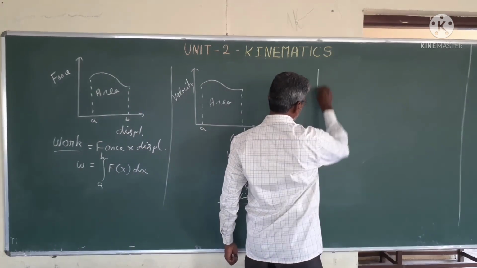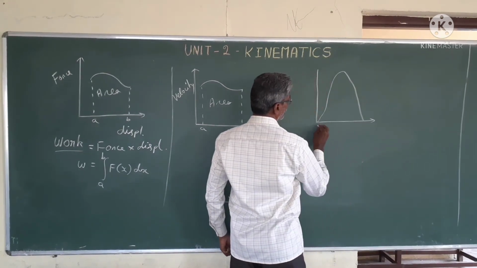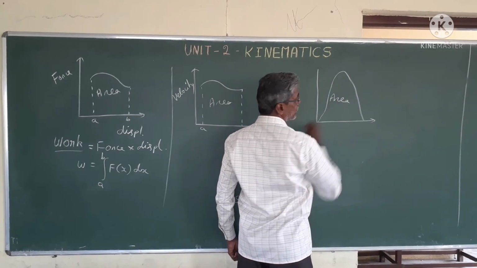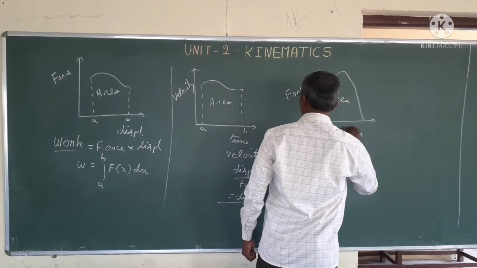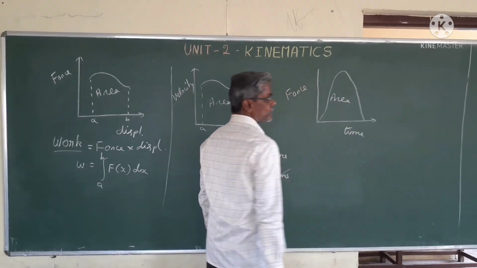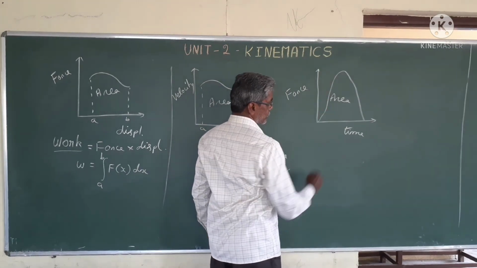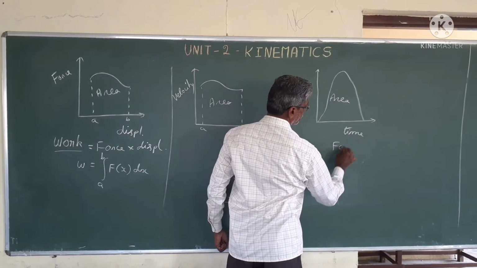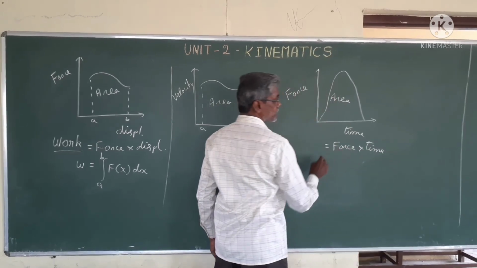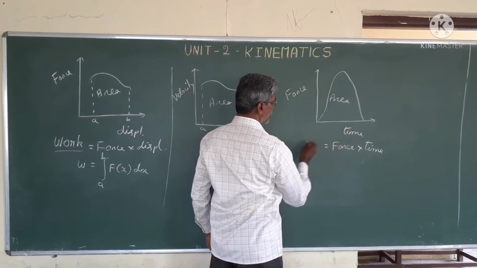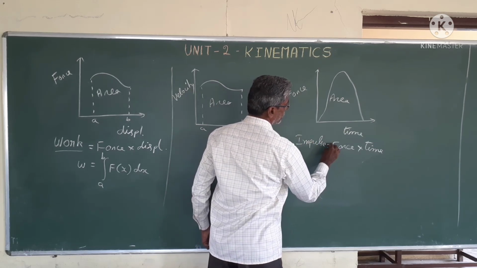Next example. I want to find out the area under this curve. Here is force and this one is time. So time is independent, force is dependent. So force into time gives the area under this curve, and that is nothing but impulse.